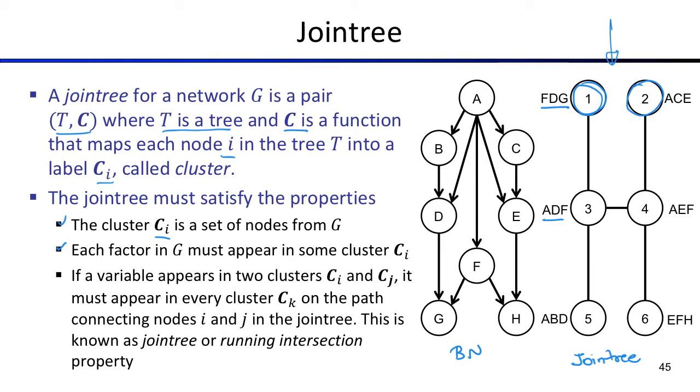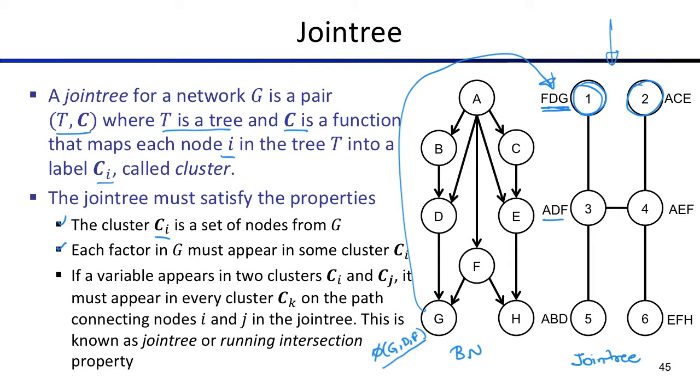For instance, node G has a factor that mentions G, D and F, because this is the probability of G given its parents, D and F. So we need to find some node that has at least these three variables, G, D, and F. We can find it here, it is actually node 1. So we can associate this factor with this node. And of course, it must also be true for the remaining nodes in the Bayesian network.